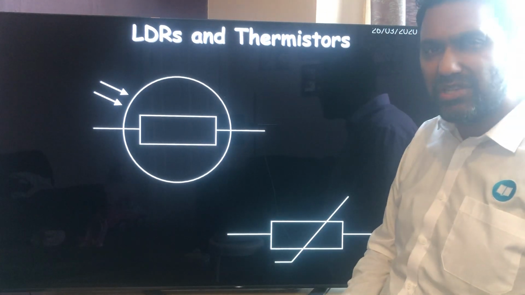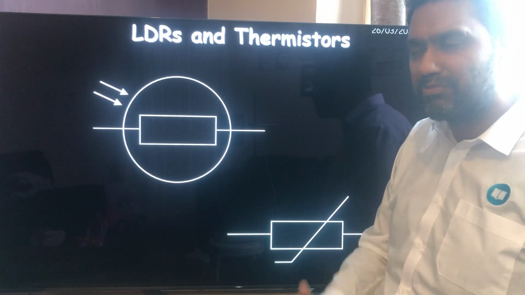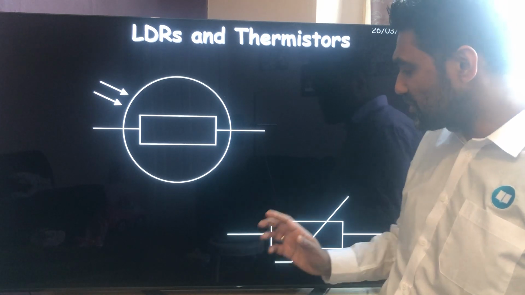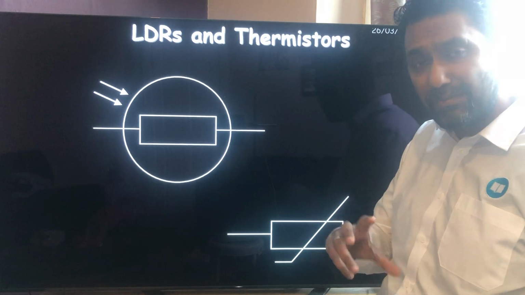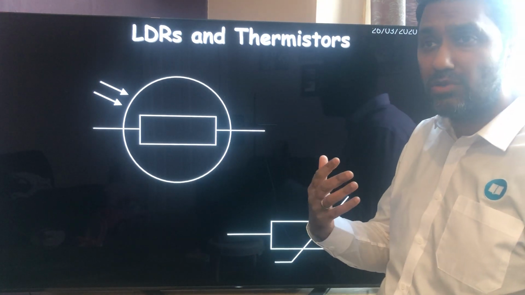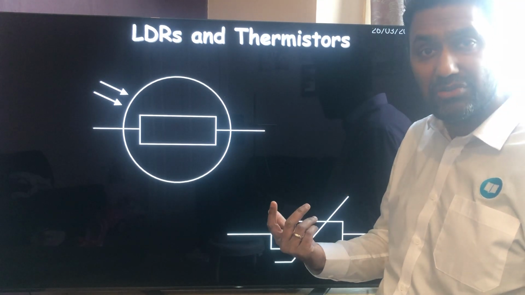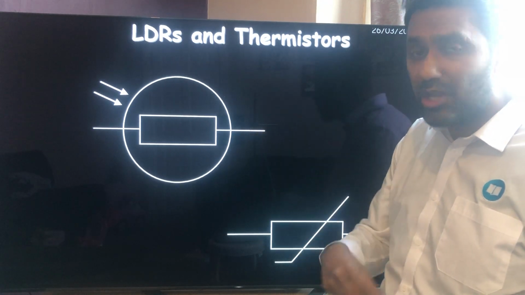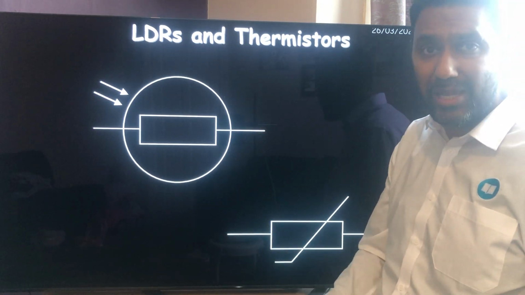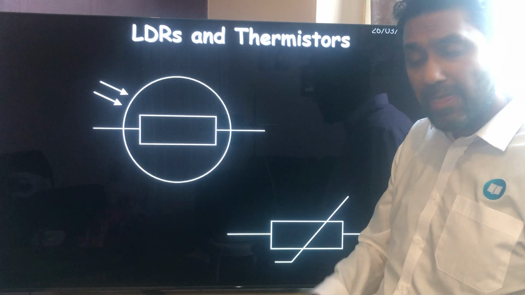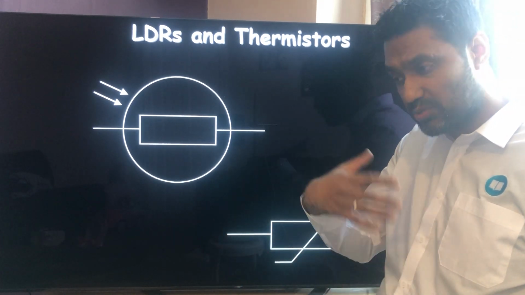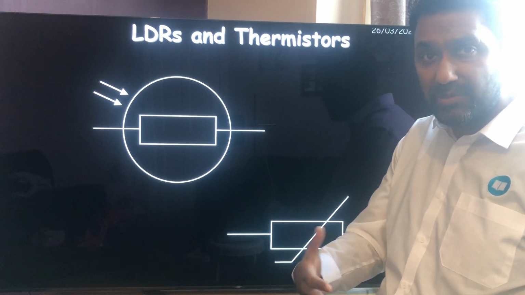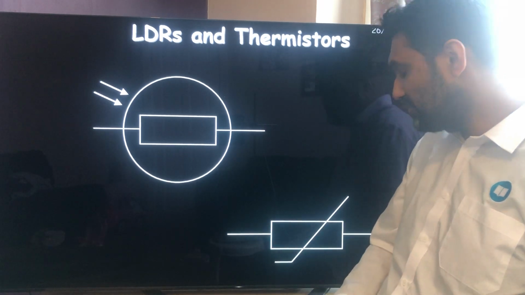A thermistor, where would you see a thermistor? You find them in a thermostat, because the circuit will either come on or off depending on the particular temperature it's at. For instance, if it's getting too cold in your house, you might switch on the central heating because it might be on a thermostat. It could be in an incubator where a newborn baby can't control their body temperature, so you need something to switch on the fan to cool them down, or to switch on the heating element to warm them up if the temperature's not right.